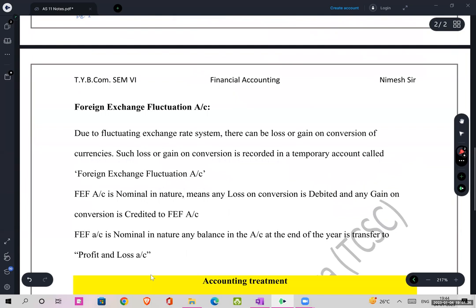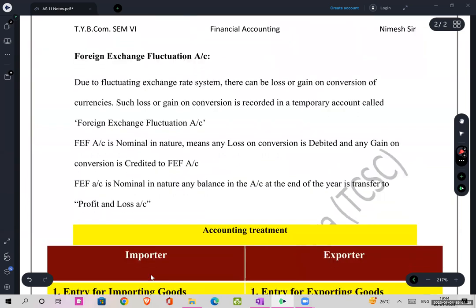Now, as per AS 11, the foreign exchange fluctuation account comes into the picture, which is called the FEF account. This account is opened only to record your losses or gains in terms of conversion of your currency.